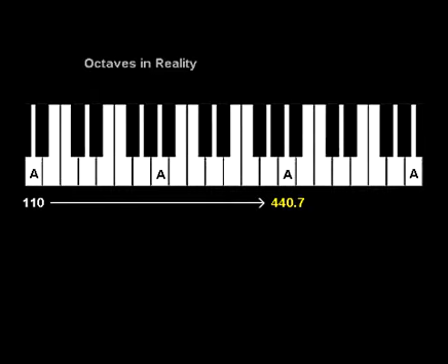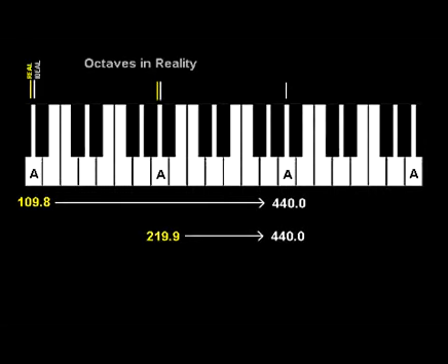So if I wanted that partial to land on A440 exactly, I would have to tune the A110 string down a little bit. Similarly, if I wanted the A220 string, 2nd partial, to land on A440 exactly, I'd have to tune it down a little bit too.